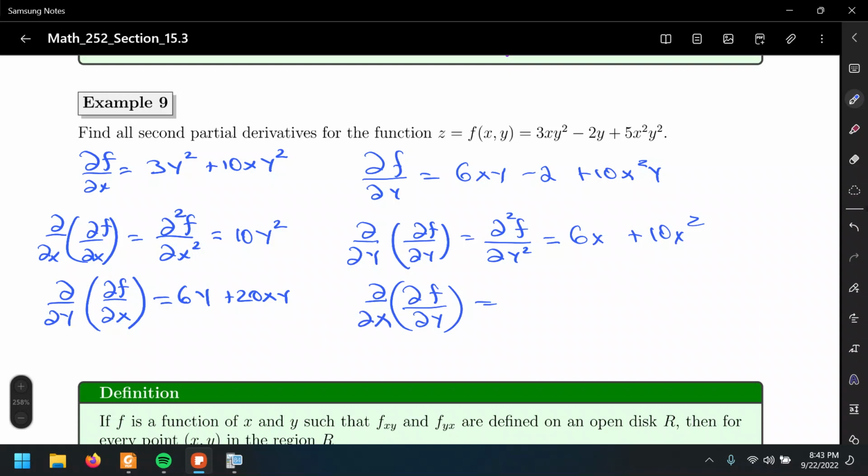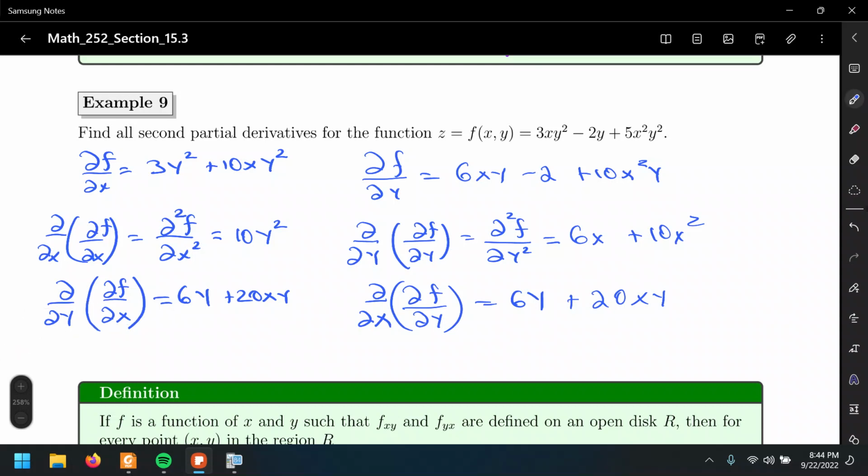So this quantity right here in the second column, 6xy minus 2 plus 10x squared y, we're going to differentiate with respect to x. The derivative of 6xy with respect to x is 6y, the derivative of negative 2 is 0, the derivative of 10x squared y is 20xy. Did you notice anything interesting?